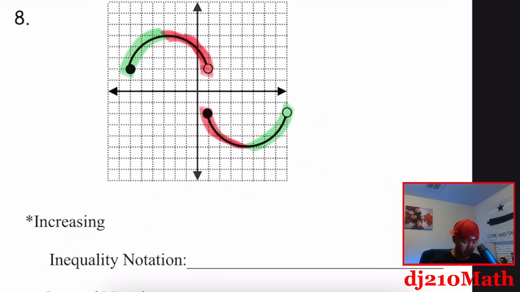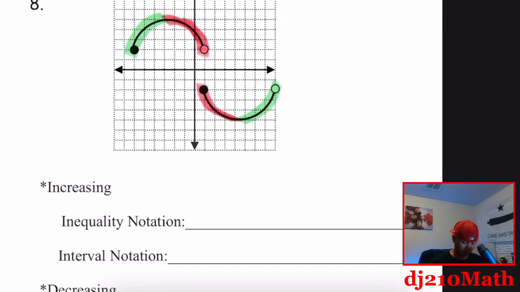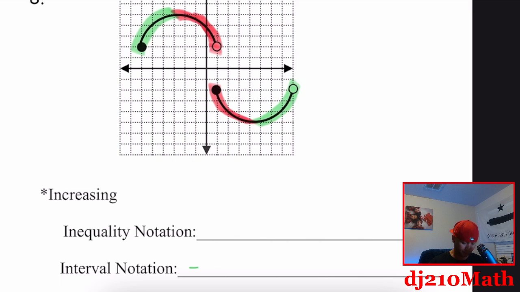So it looks like 1, 2, 3, 4, 5, 6. -6. It increases up to -3. And then the second part looks like 1, 2, 3, 4. Looks like it's right in the middle, 4.5.